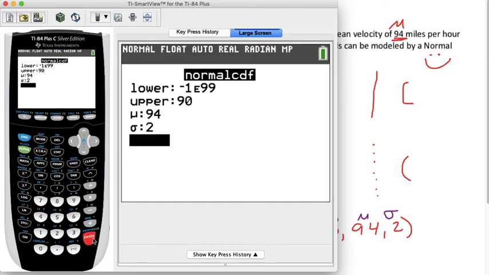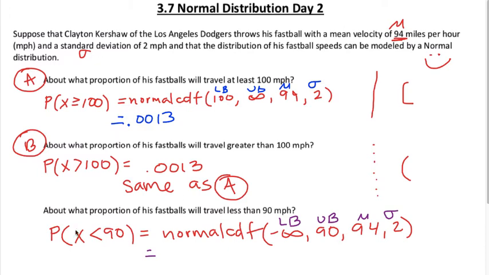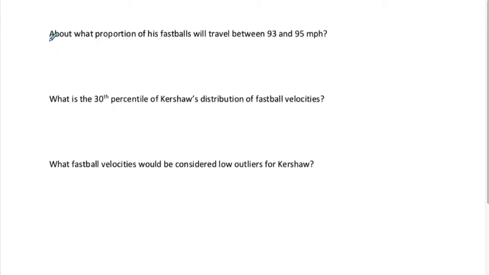Looking at those numbers, I can see that it is an empirical rule one too, because 94 minus 2 standard deviations gets me to that 90 observation. So it should be about the 2.5 that we were expecting on the empirical rule, which is why we get something pretty close to that.